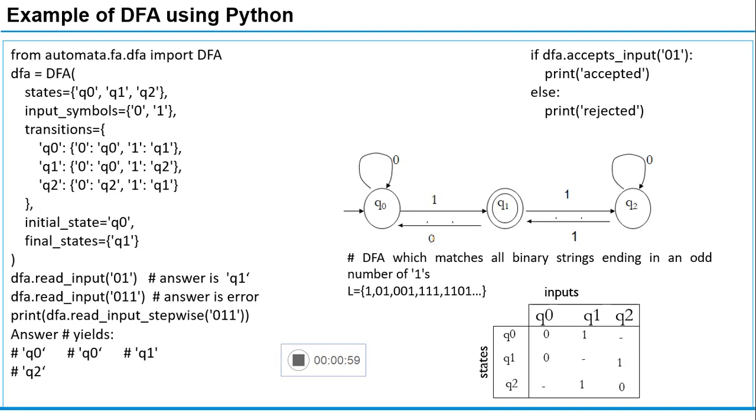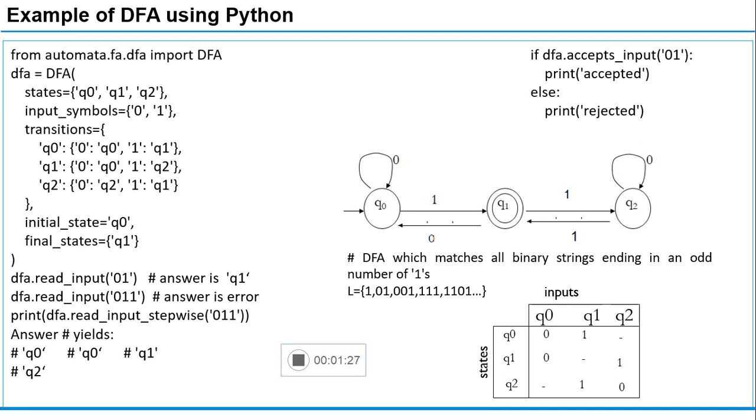The next one is we have to mention the transitions. Either you can see the diagram and mention the transitions, or you can see the table and put the transitions. Here we can see Q0 reading 0 and moving on to Q0 itself. Q0 reading 1 is moving on to Q1. Then Q1 reading 0 moves on to Q0, and Q1 reading 1 moves on to Q2.